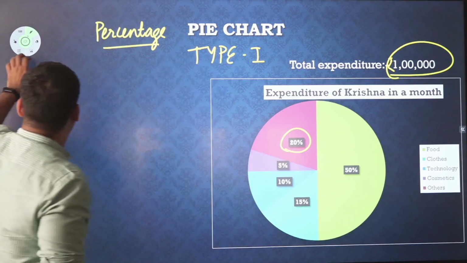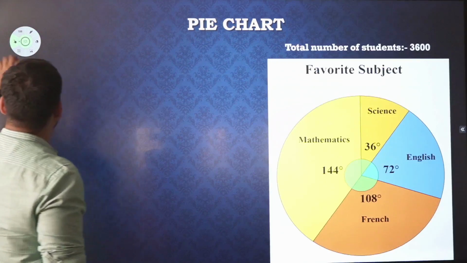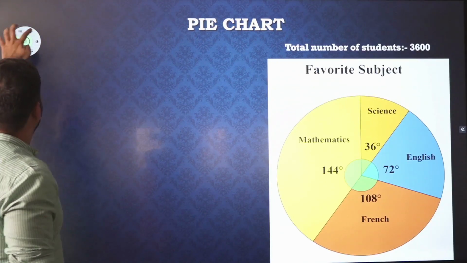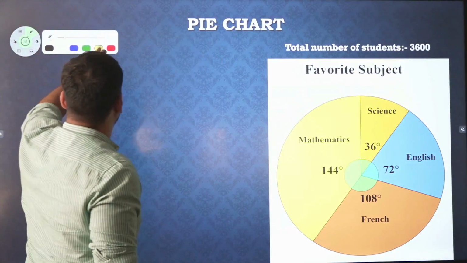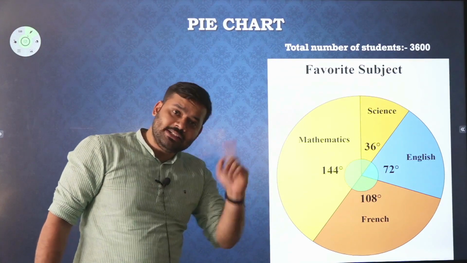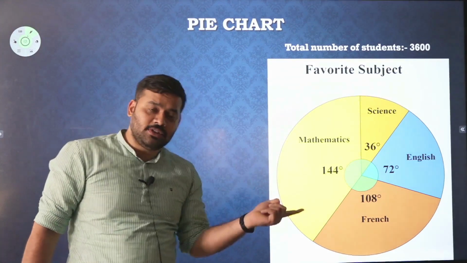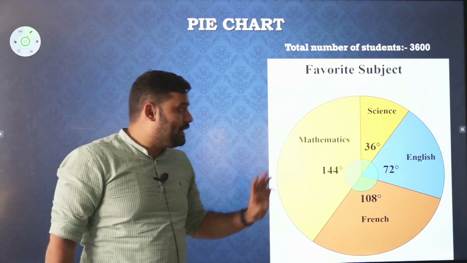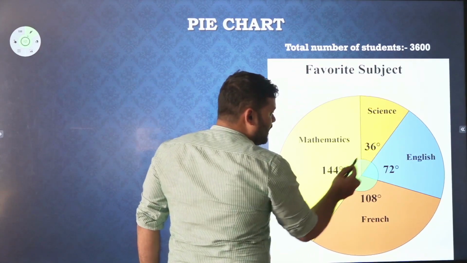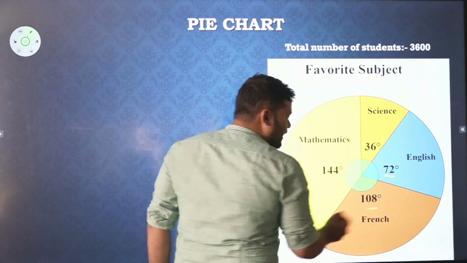Going forward, the next type of pie chart. Here it will be in the form of radians or degrees. Here you don't see percentage. Percentage is for 100. Percentage pie chart is for 100. But this is a radian pie chart. Here everything will be in degrees: 144 degrees, 36 degrees, 72 degrees, 108 degrees.